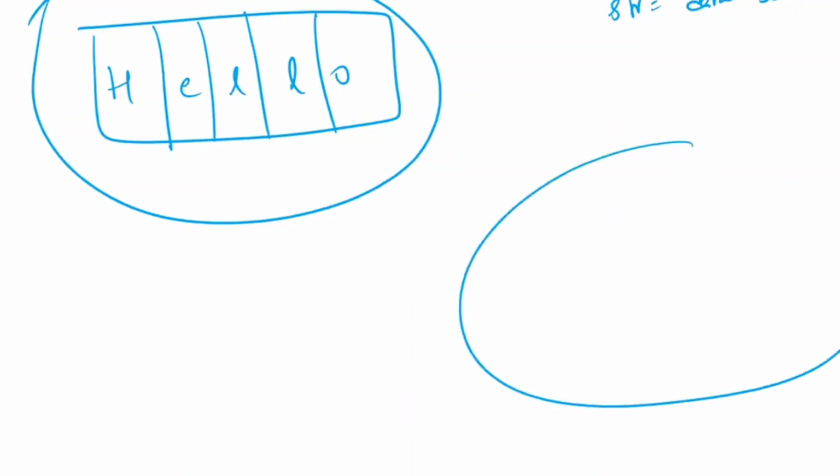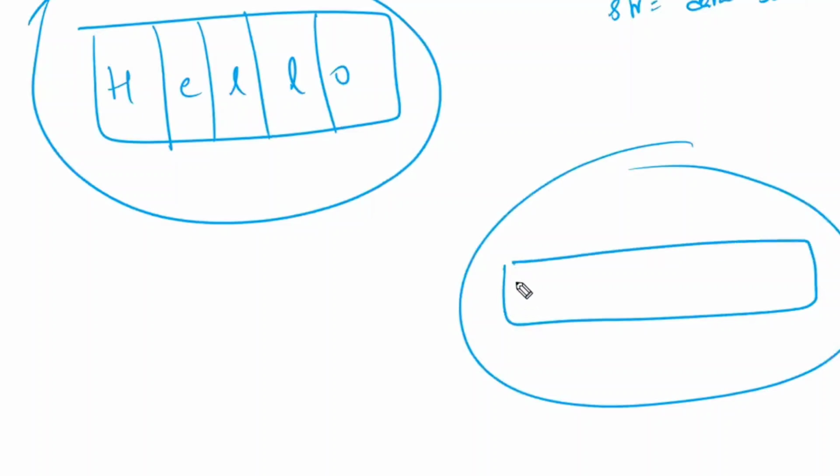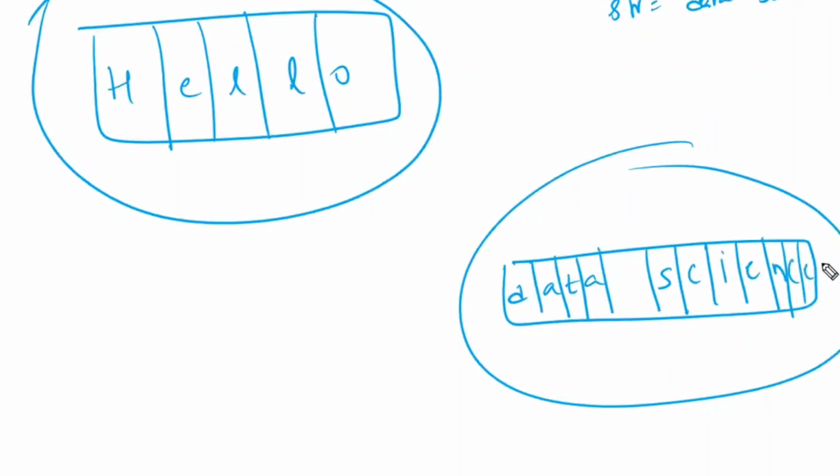It is going to create an object: D A T A, space, S C I E N C E. Now, how many characters are there? 1, 2, 3, 4, 5, in between 5, 6, 7, 8, 9, 10, 11, 12. 12 characters are there, so the length is 12.